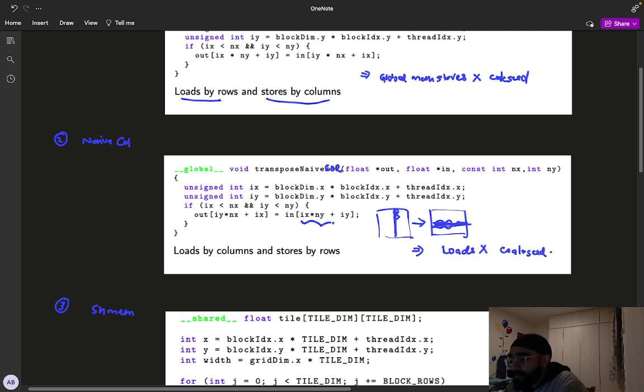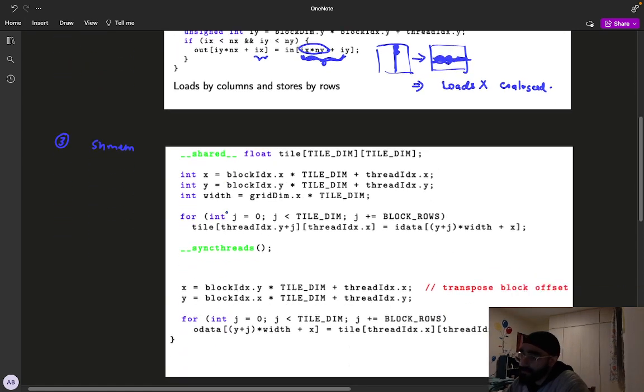We are loading by columns, because if there are consecutive threads, one will have ix and one will have ix plus 1. So ix and ix plus 1 would load from different columns, but would store to two consecutive columns in this naive column case.